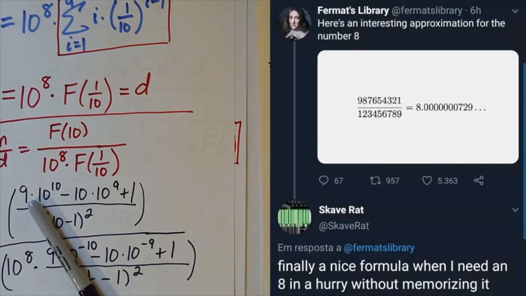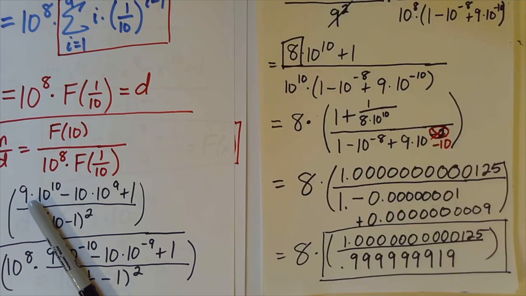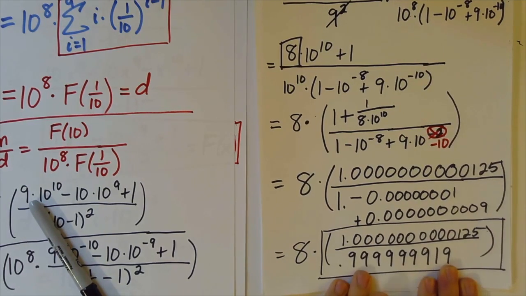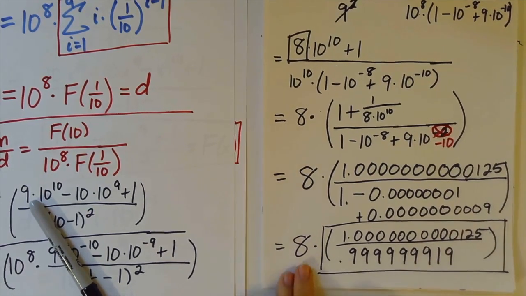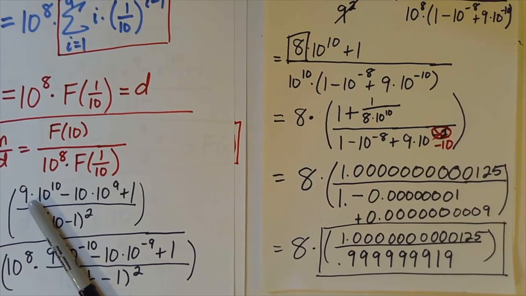It's 8, a bunch of zeros, 7 zeros in fact, followed by a little bit of a decimal. Okay. I'm going to wrap up there for this video and trust that you believe that this number is absurdly close to 1, and so hence you see why this number is absurdly close to 8.